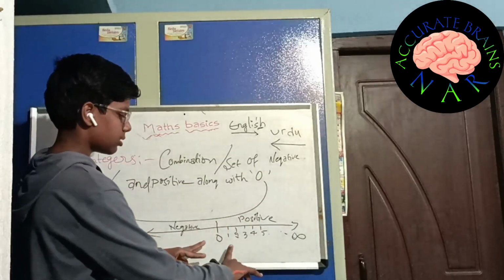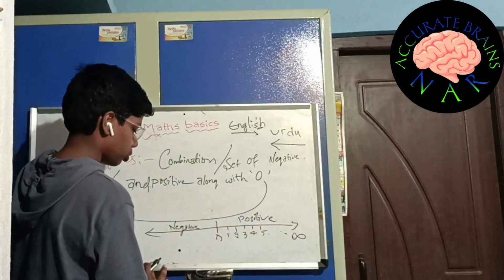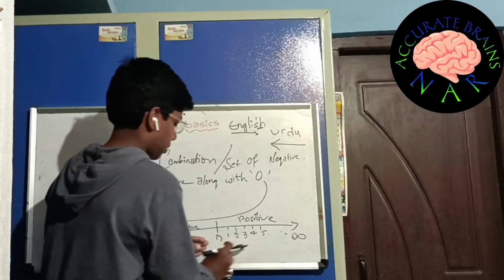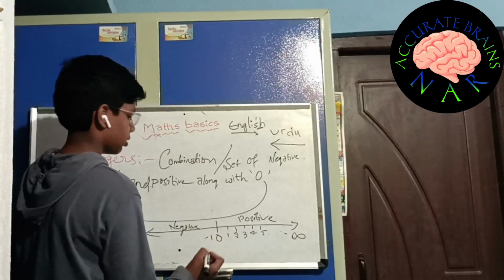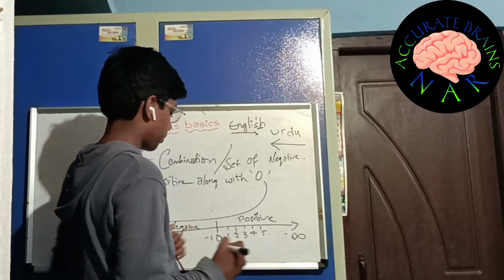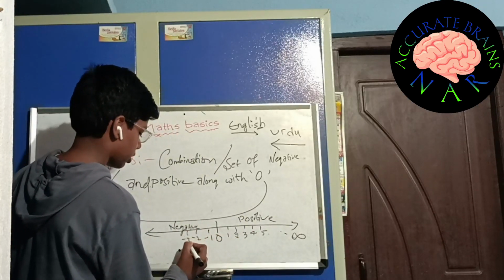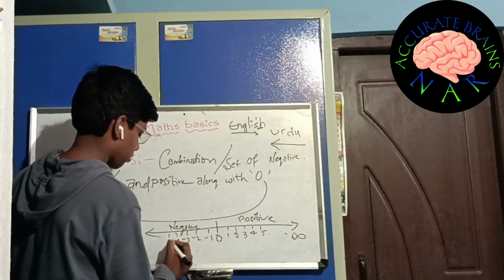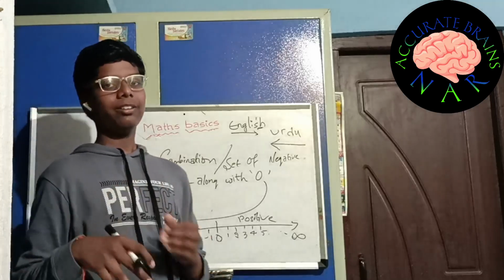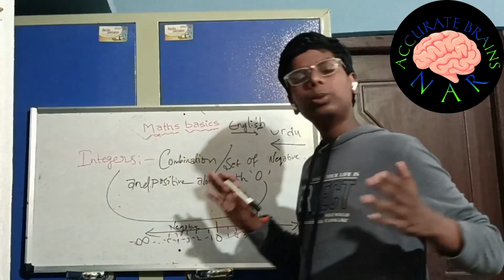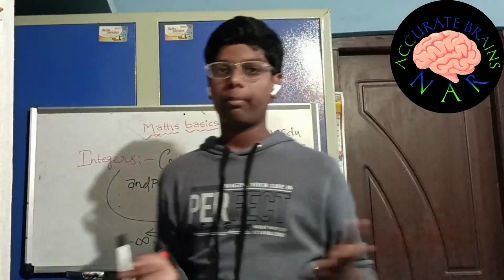Did you observe that? So this is a part of English, this is a part of Urdu. So here we have 1 in reverse, right to left, and -1, -2, -3, -4, -5, and up to -infinite. We can write that number line up to any number.